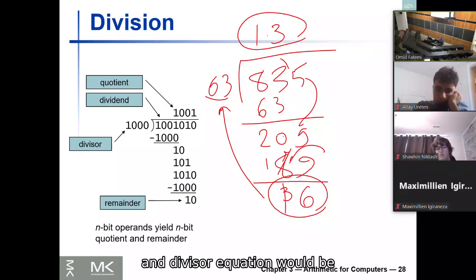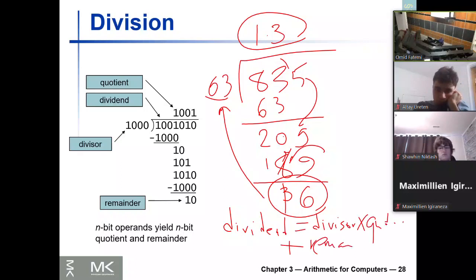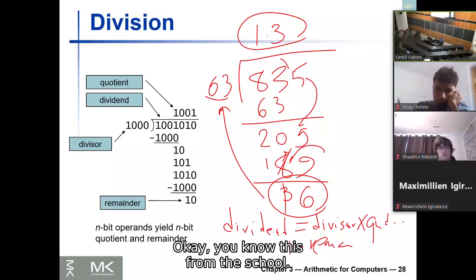So the equation would be: dividend is quotient times the divisor plus remainder. And the remainder should be less than the divisor. Okay, you know this from school.